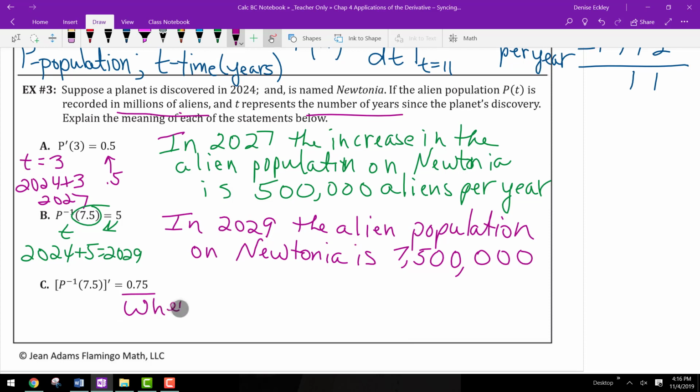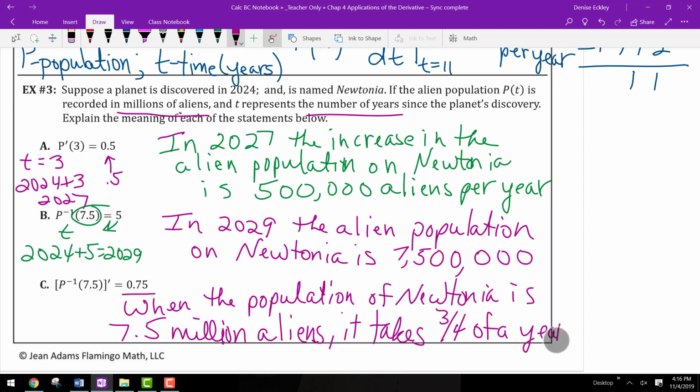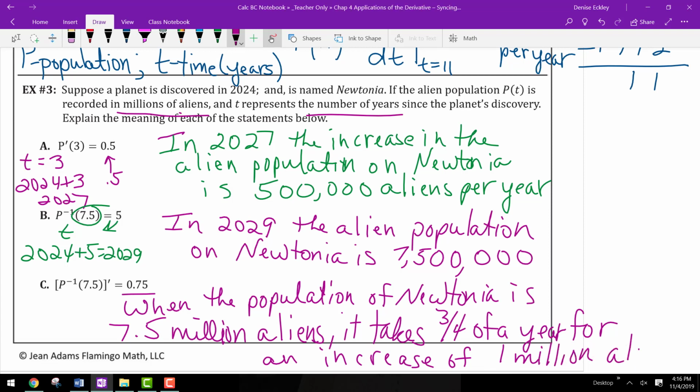So when the population of Newtonia is 7.5 million aliens, it takes 3/4, that's where the 0.75 comes in, 3/4 of a year for an increase of 1 million aliens.